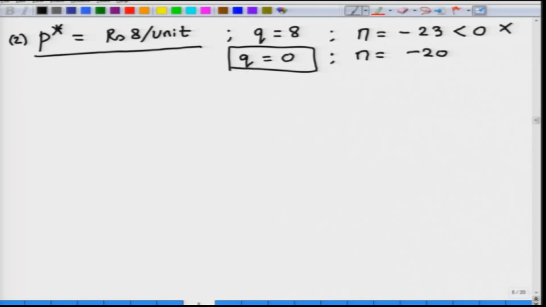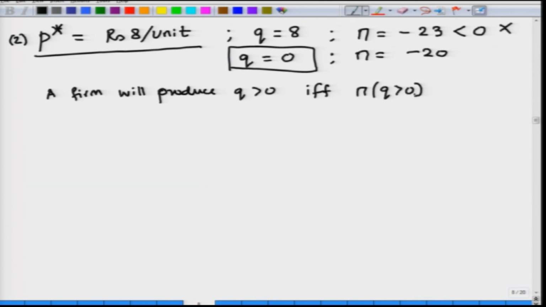A profit maximizing firm will choose to produce a positive quantity of output if and only if the profit that it gets by producing those units of output is at least as large as the profit that it gets by not producing at all, right.